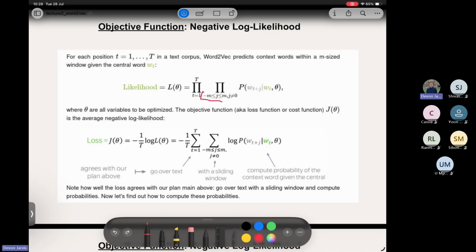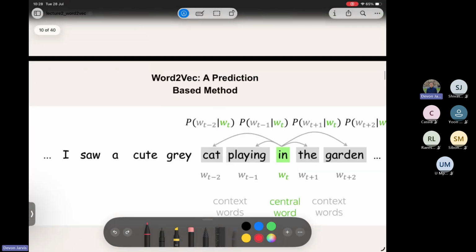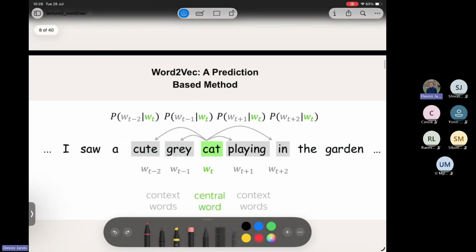So for the 2 words on the left and the 2 words on the right of my central word, I'm going to look at how probable my model thinks those words are. Okay? And then I'm going to do that for all focal words. Okay? So just going back to our example, trying to map this to some notation. Okay?